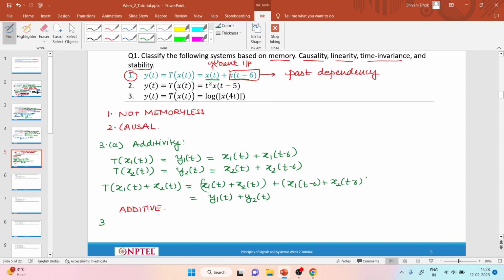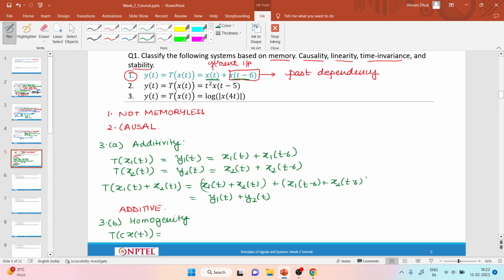The second part for linearity is homogeneity. We know that for x of t input, the output is x of t plus x of t minus 6. So let us see what will be the output of c times x of t.